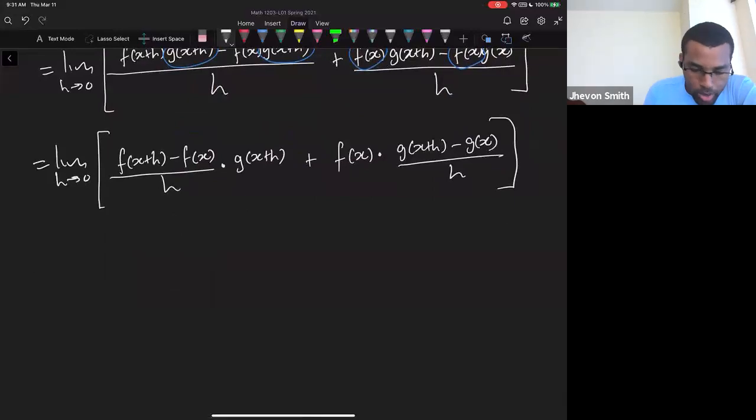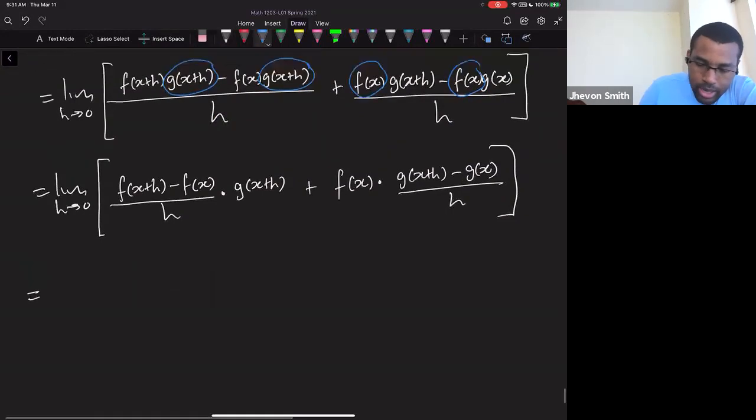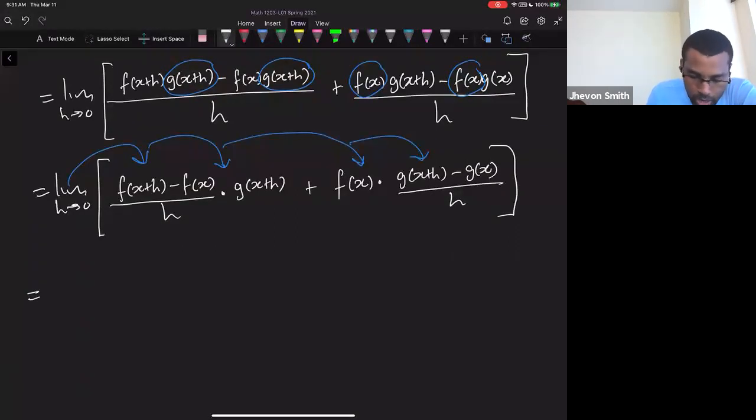Now, limits distribute across sums and products, so the limit can distribute across everybody. Here I'm going to have the limit as h approaches 0 of f of x plus h minus f of x over h.